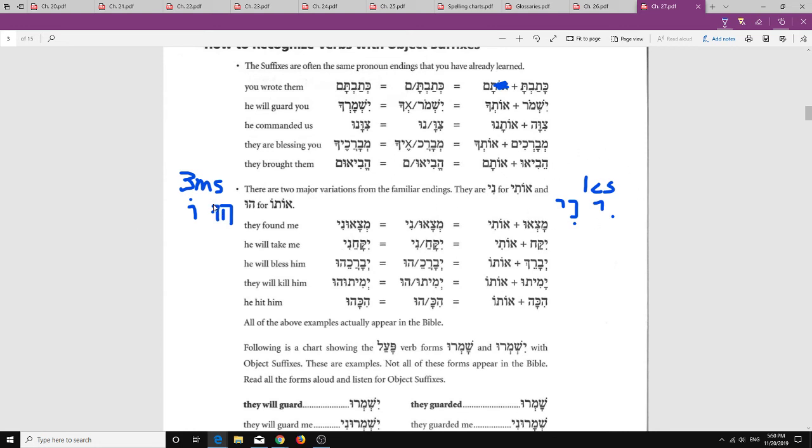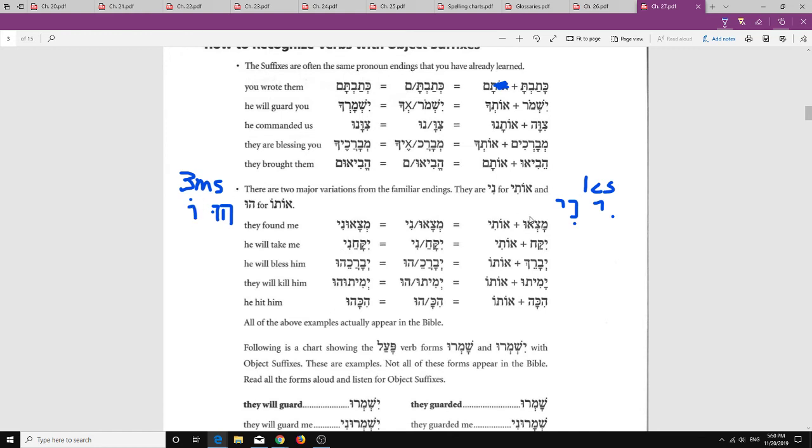This holam vav turns into a shurik instead, which is kind of weird, but maybe you'll be able to remember it because it looks a lot like hu, right? Hu is our 3ms pronoun already. Hu is "he," if you remember that mnemonic device. So this hu is already related to this form.